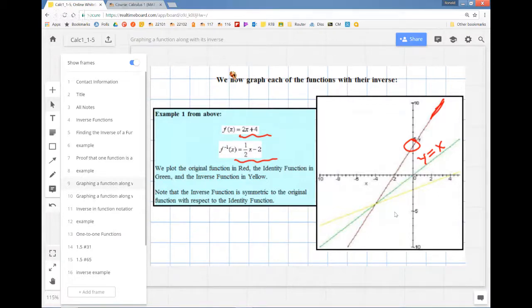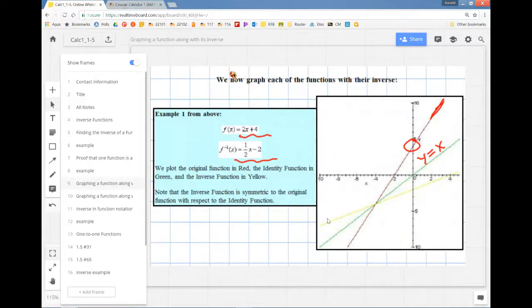And when you plot the two, this original one, 2x plus 4, is this top one, y-intercept of 4. And then the bottom one is this yellow. Hopefully you can see the yellow line on the bottom.